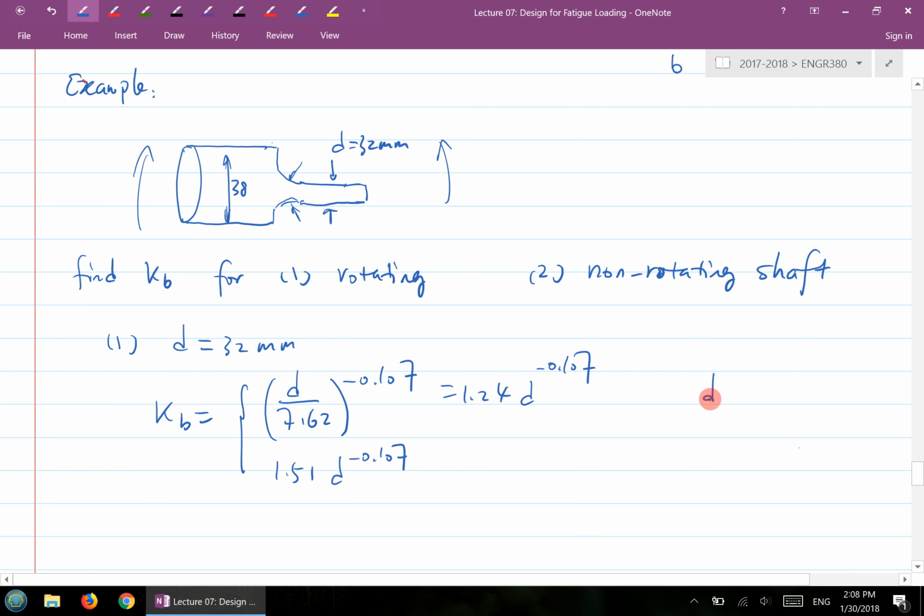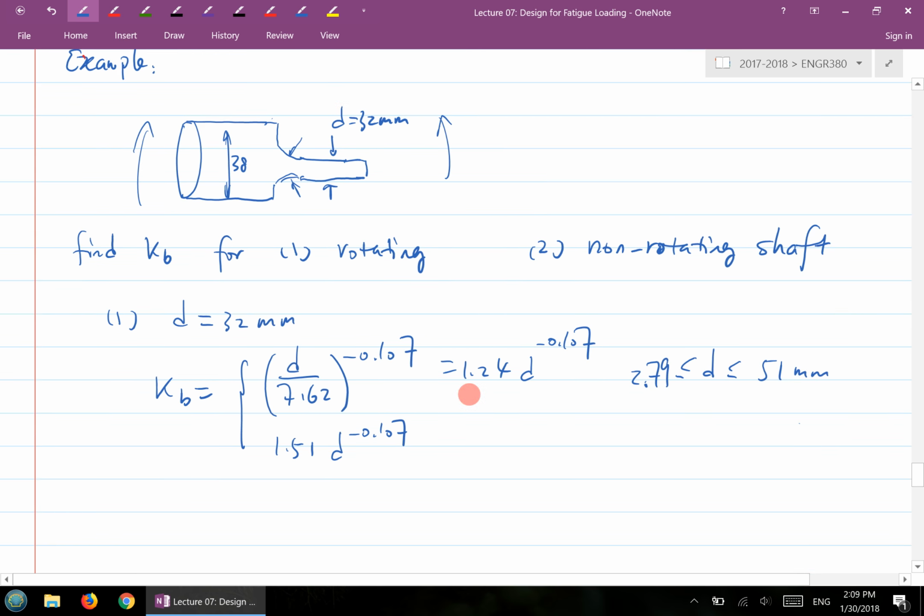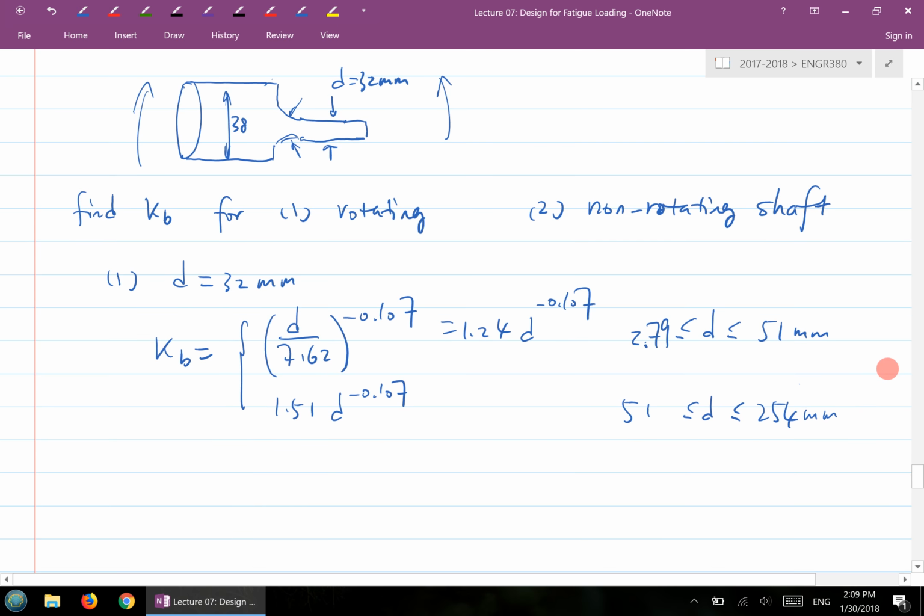Okay, so when D is between 2.79 to 51 millimeter, and this is D greater than 51, less than 254 millimeter. Okay. So if the dimension is given in millimeter, then here's your KB formula.